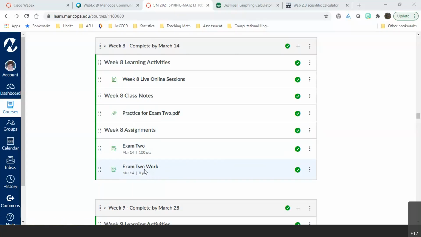If you have a scanner, go for it, scan in your work. But give me something so that I can award you partial credit, because you've probably figured out by now that when you're being graded by a computer, there's no room for, well, I was almost right.